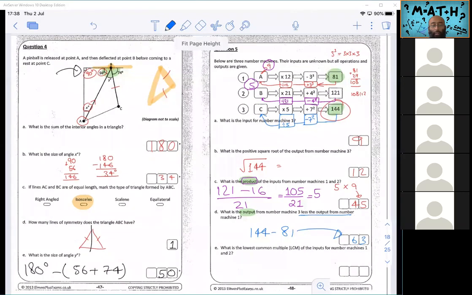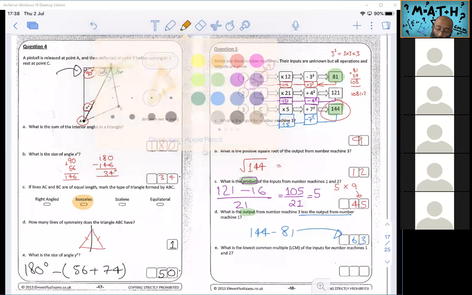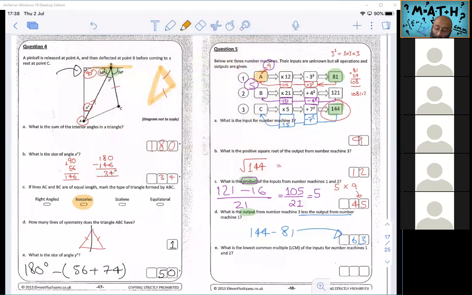Lovely. Next question, E. What is the lowest common multiple of the inputs for number machines 1 and 2? Okay, so the inputs now, let's get it right this time. I was looking at the wrong input. This one here and this one, they're the inputs on this side.